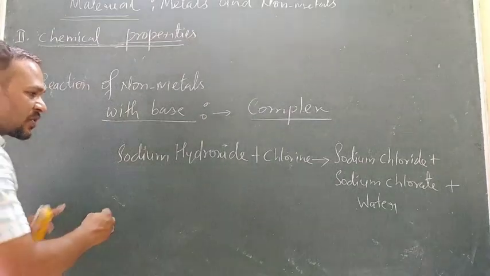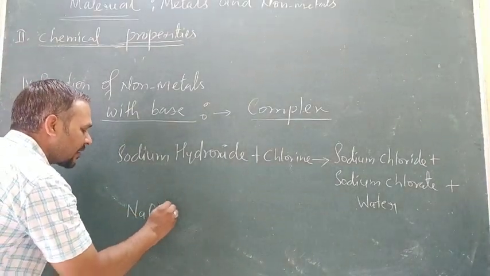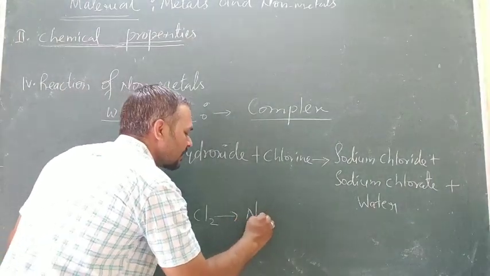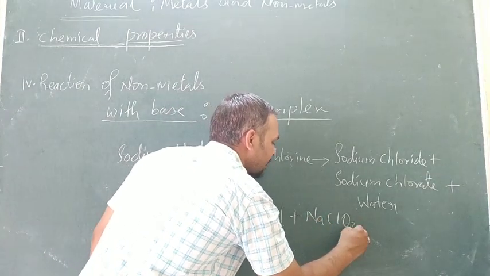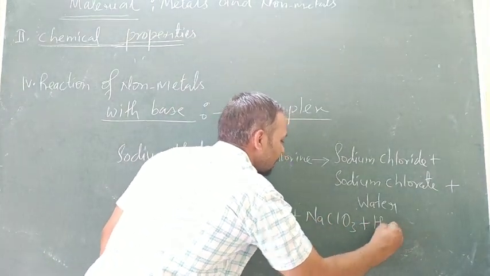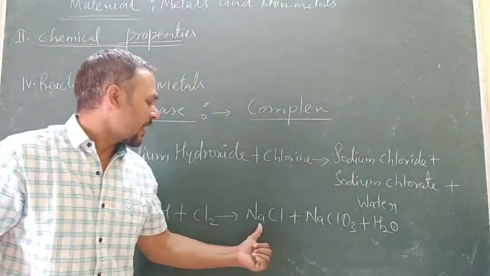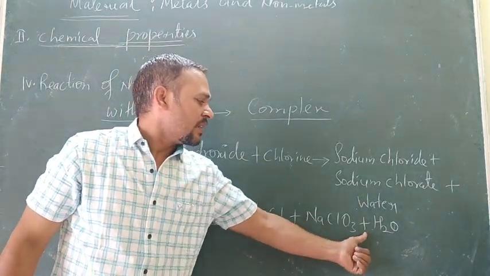In chemical equation form you can also see: when sodium hydroxide reacts with chlorine gas, it produces sodium chloride, sodium chlorate plus water. So three things have been formed: sodium chloride NaCl plus sodium chlorate NaClO3 and water.